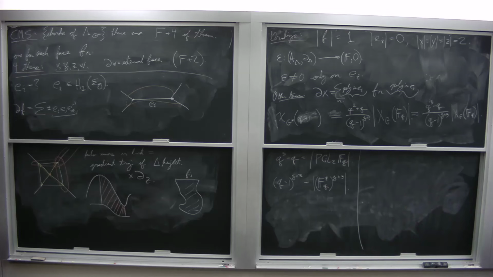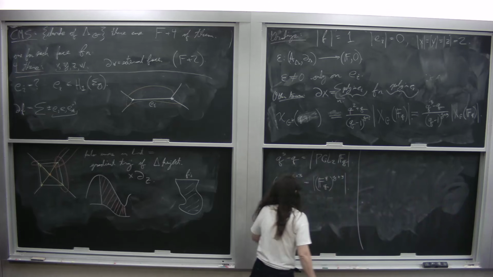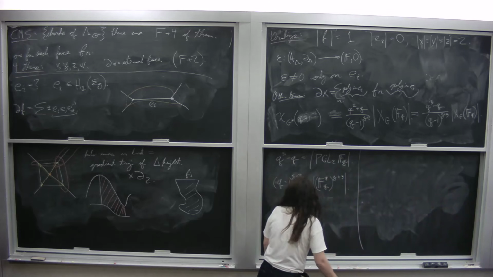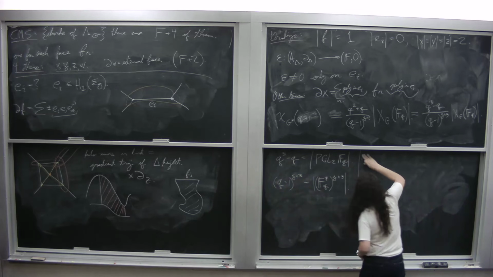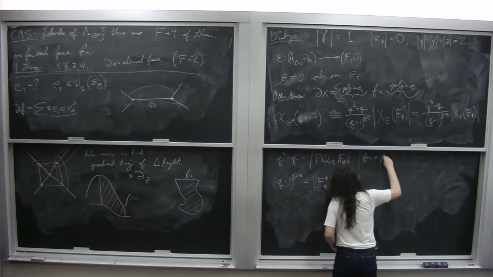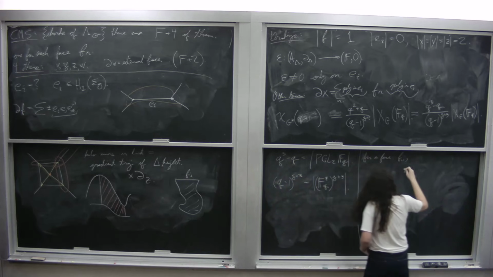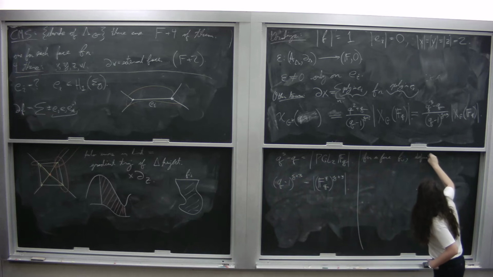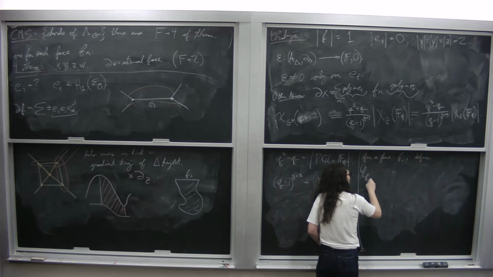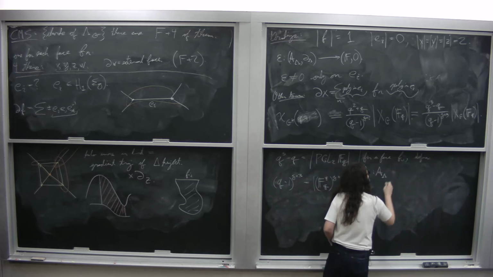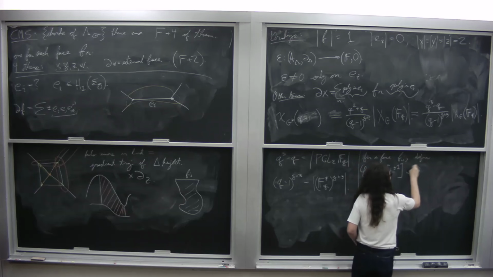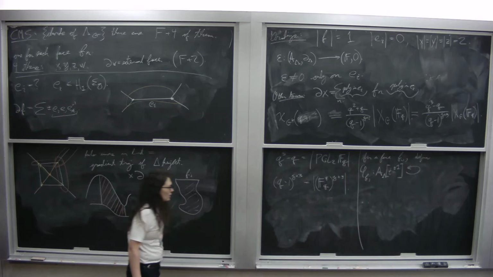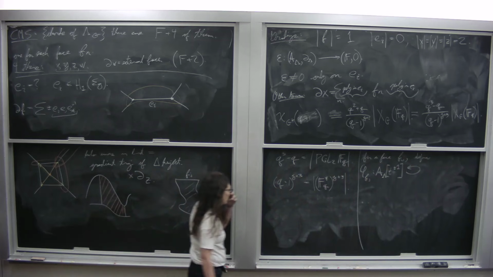And so what we can do is, for a face fj, I'm going to define phi fj going from this algebra where I adjoin t to the plus or minus 1 and back to itself.